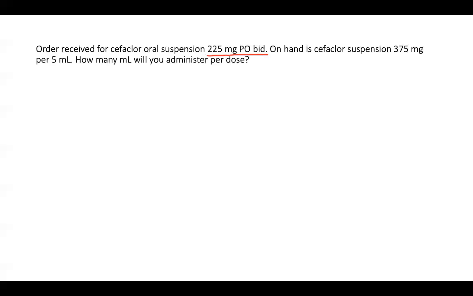That means twice a day this patient is going to receive medication, 225 milligrams. So that is 225 milligrams per dose. Then I look at what the question asks me: how many milliliters will you administer per dose? So the question is asking me to solve per dose as well. So the dosing schedules match.